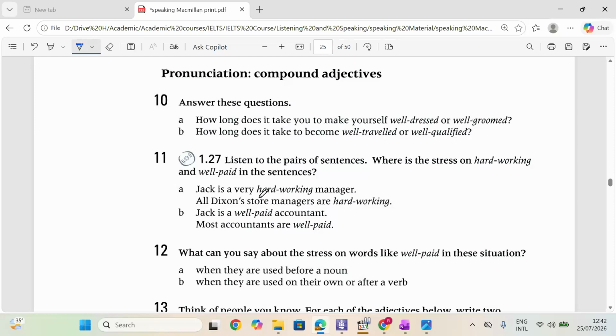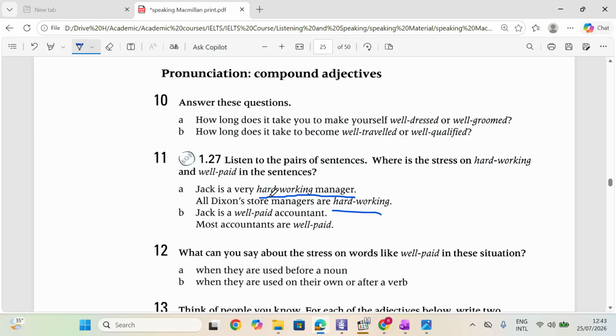Are they pronounced the same? Can you pronounce this word again? I need only these three words. Hardworking manager. What about the second one? Hardworking.